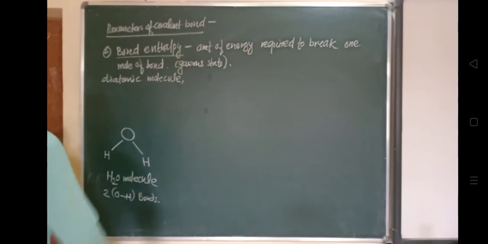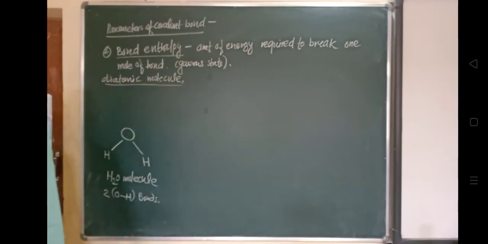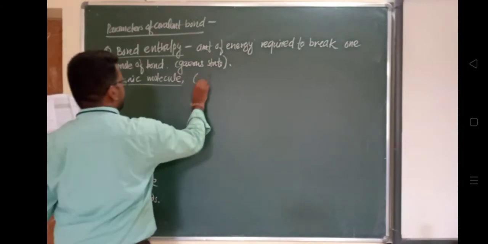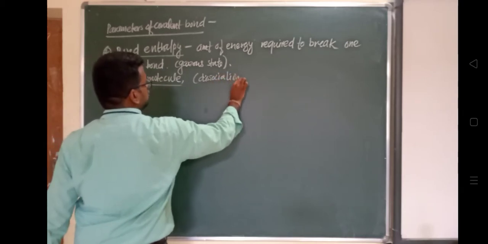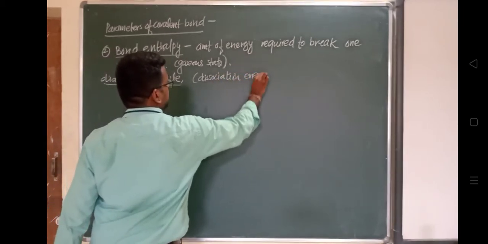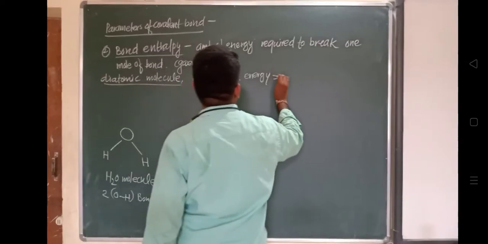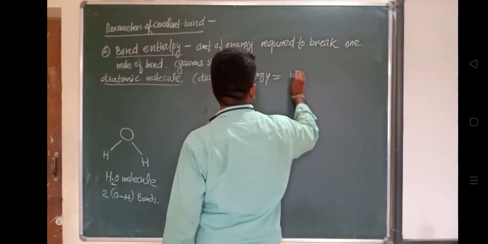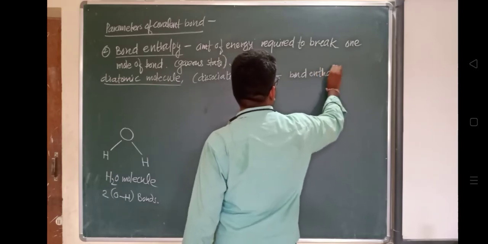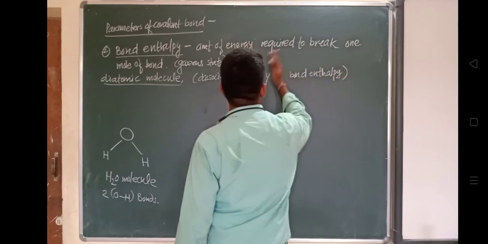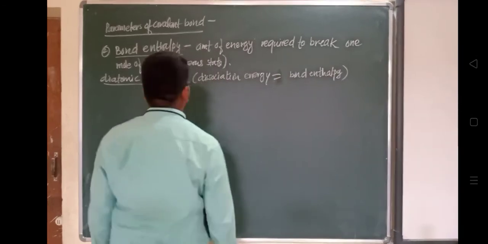In case of a diatomic molecule like H2, N2, F2, the dissociation energy is equal to the bond enthalpy. We have already seen the molecular orbital description of different diatomic molecules before this topic, like F2, O2, H2, Li2. For these diatomic molecules, the dissociation energy is nothing but the bond enthalpy.